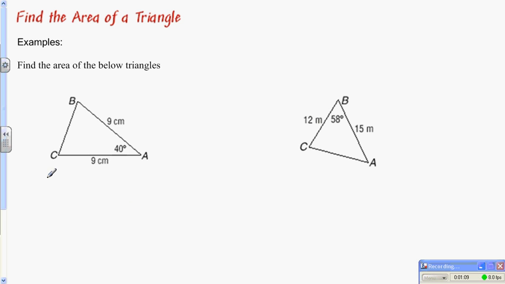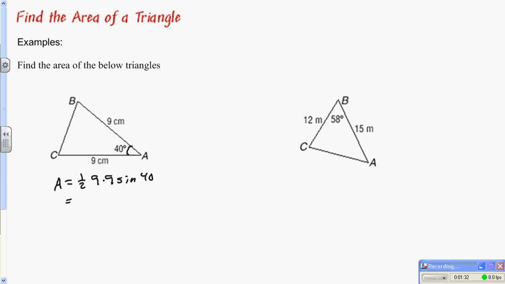Case in point, the area of this triangle, even though we don't have a height, would be 1/2 a side times a side times the sine of 40, the angle in between.